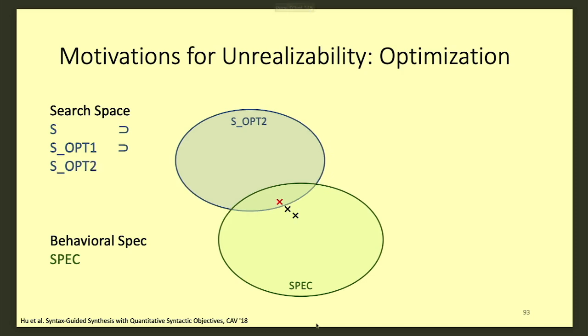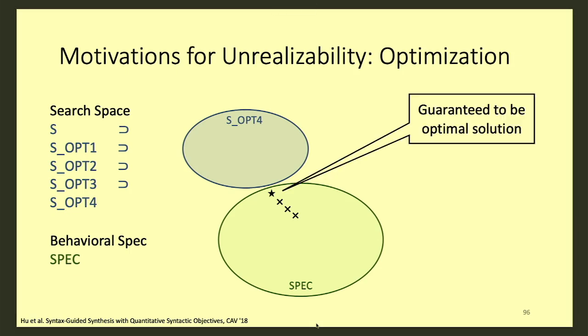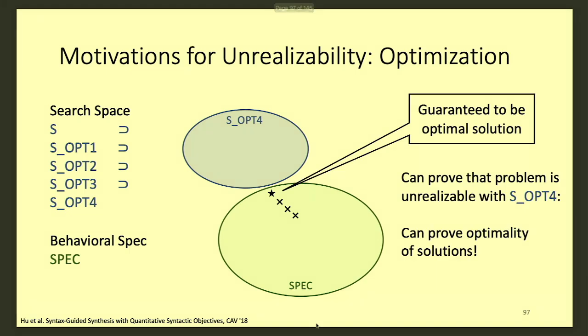Then I can repeat this again and again until I shrink the search space enough such that it no longer intersects with my specification. At this point I can guarantee that this is an optimal solution, because I can prove that the problem is unrealizable with the search space S up to here. So with proving unrealizability, I can also prove the optimality of my synthesized solutions.